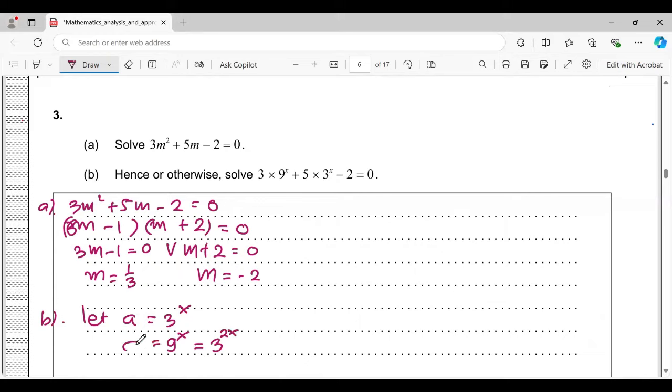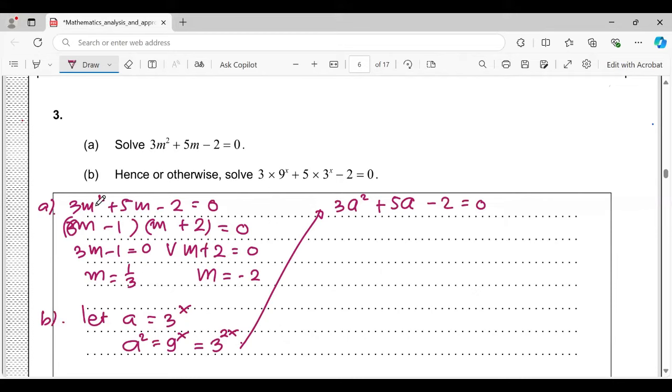This is a squared. So this equation becomes 3a squared plus 5a minus 2 equals 0.